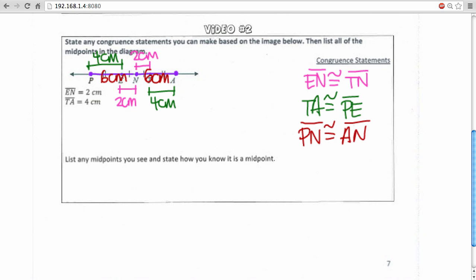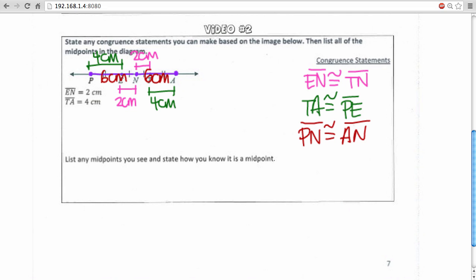Now, there's one last congruent statement we can make. What about segment ET? Segment ET is 4 centimeters in length.